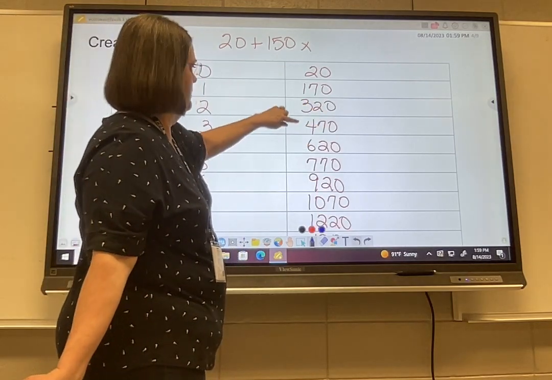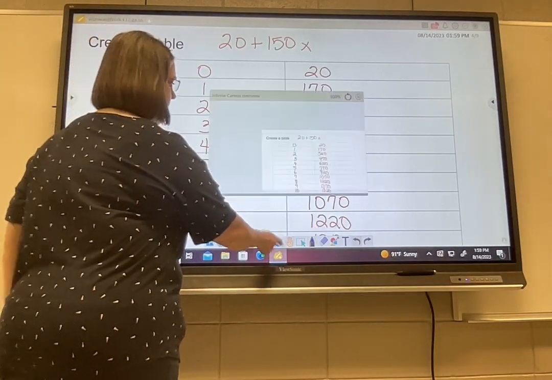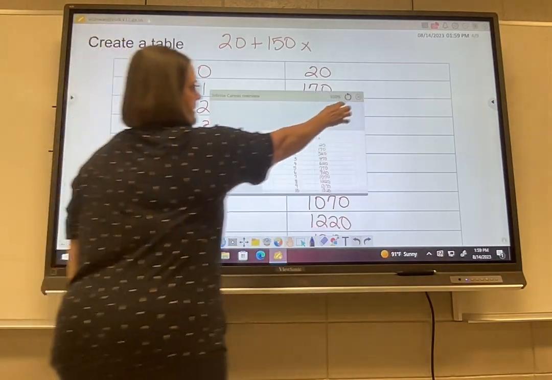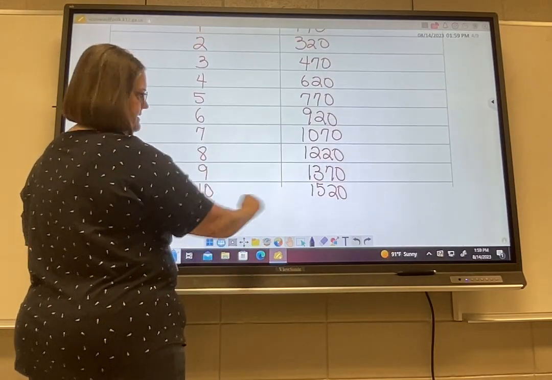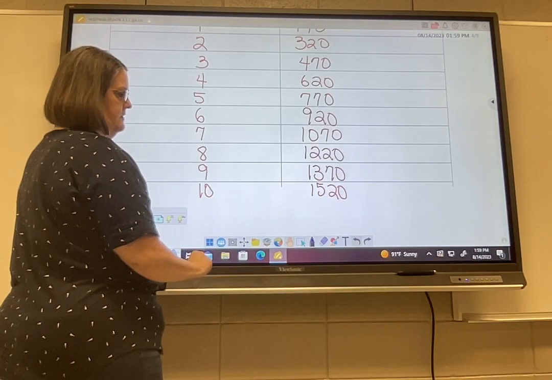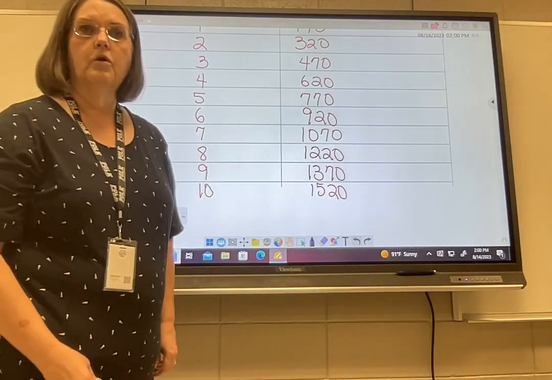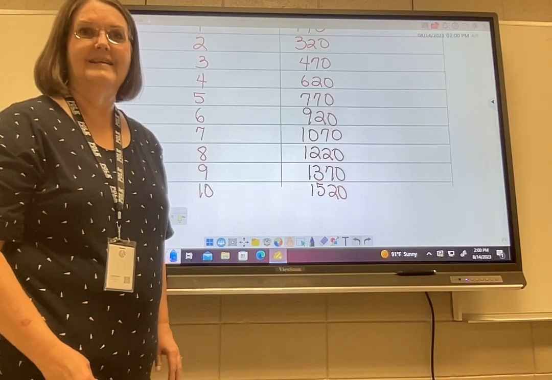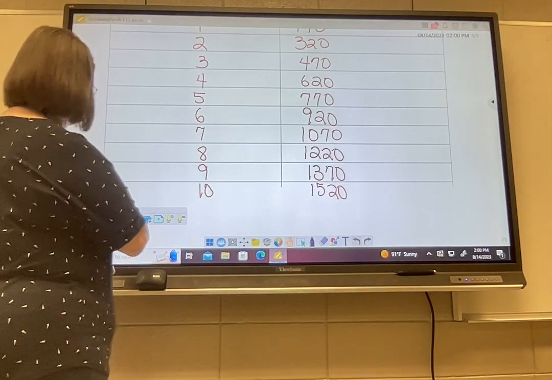Then when we plug 4 in, you can see the progression of the table. I don't need to explain that. We'll go over that a little bit better in class, but here is the table all the way down to 10 weeks, and that's what it asks for. How much money will she have in 10 weeks? That just gives our real world application problem an ending. And so we could have made that be anything we wanted it to be.